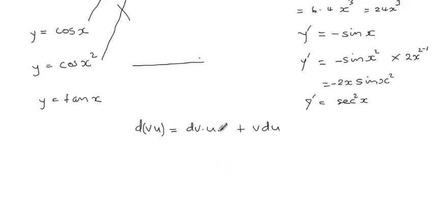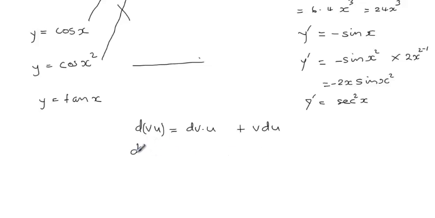There I'm just saying the derivative of v multiplied by u plus v multiplied by the derivative of u. In other words, you look for the derivative of each of the functions and then combine them for the product. If you look here, you've got the two functions u and v, you've got the derivatives du, dv, but you combine them this way.